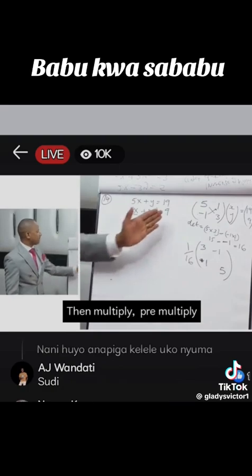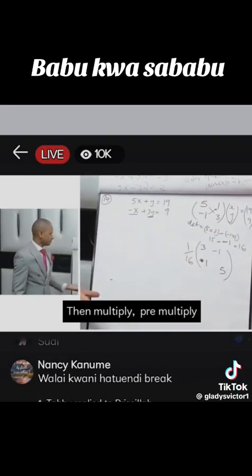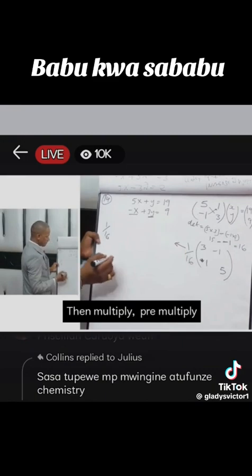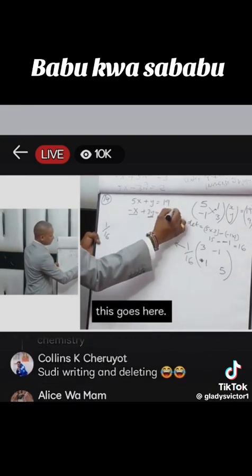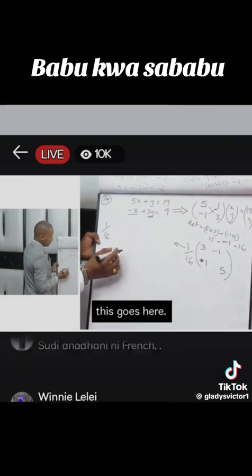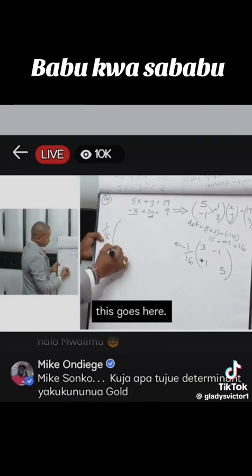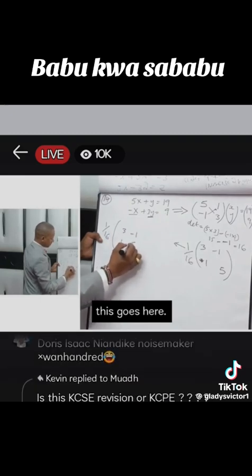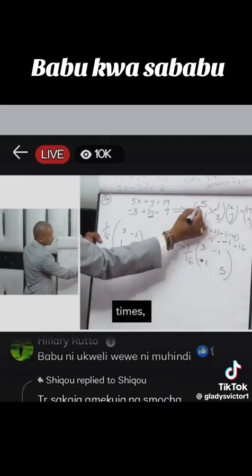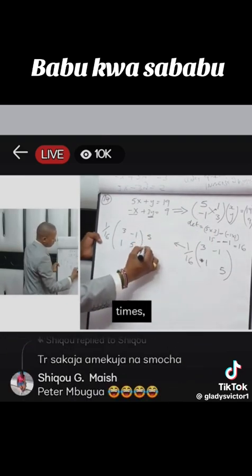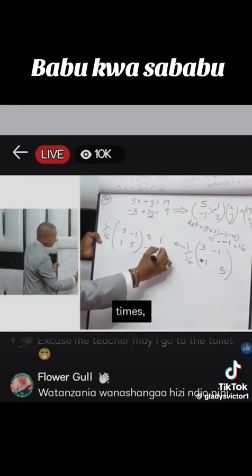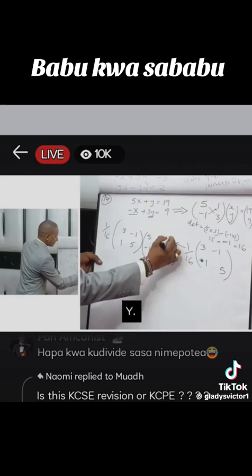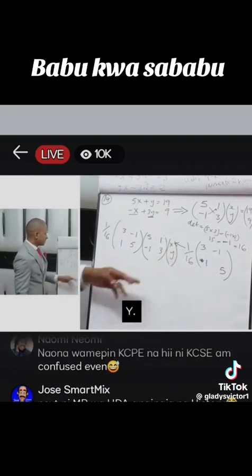Then pre-multiply both sides by this inverse. So when you pre-multiply, this becomes 1 over 16 times the matrix 3, 1, minus 1, 5, times this matrix 5, 1, minus 1, 3, then x, y.